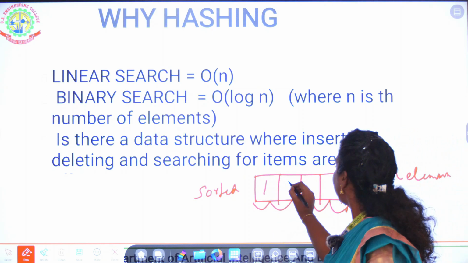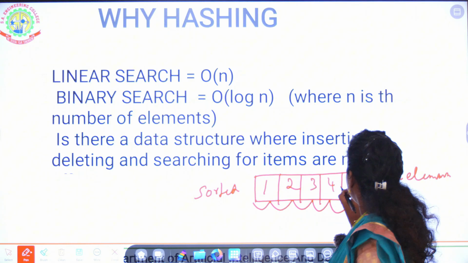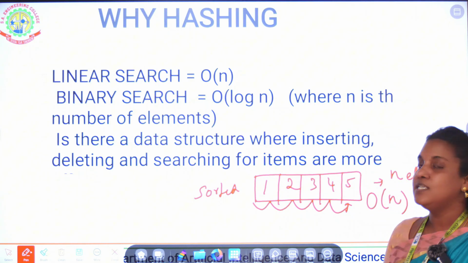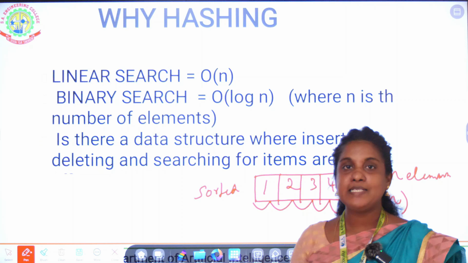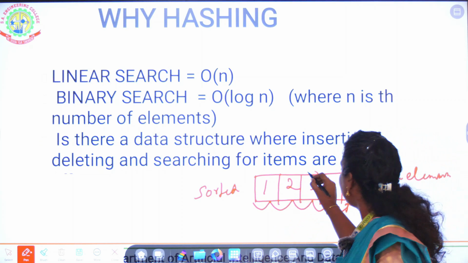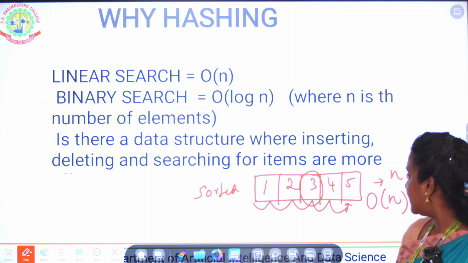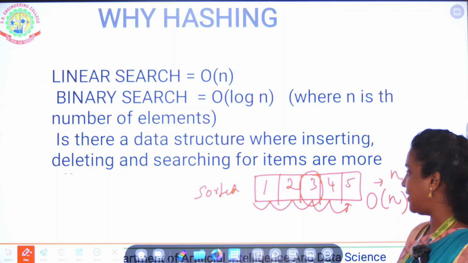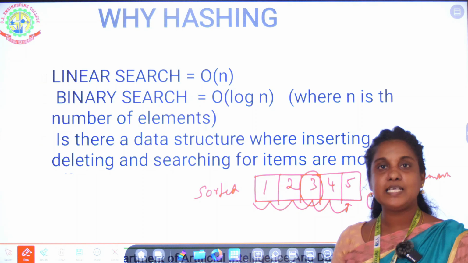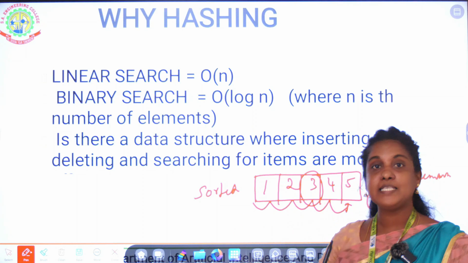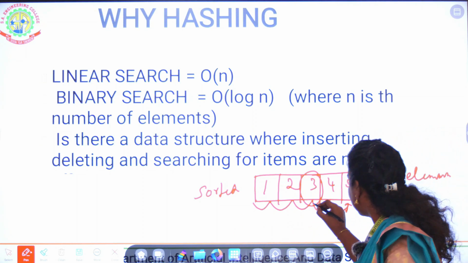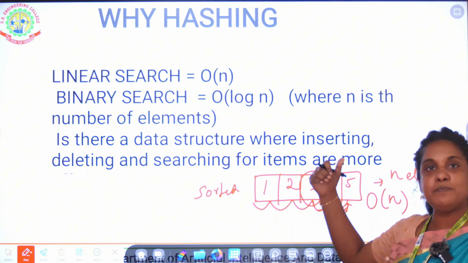So here my elements are like 1, 2, 3, 4, 5. While performing binary search, first it has to find the middle element, then it will start searching. If I am searching for an element larger than the middle element, it will perform the search on the right side of the middle element.